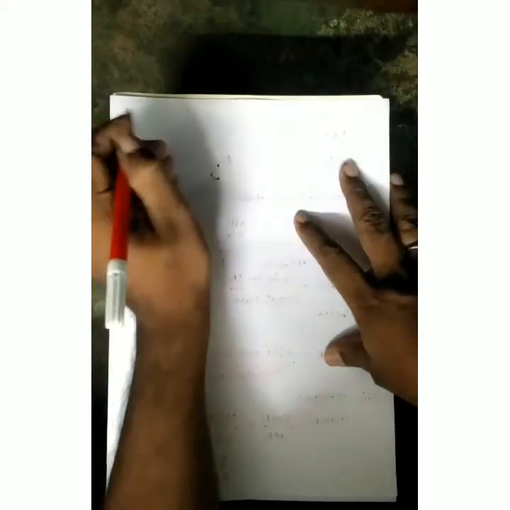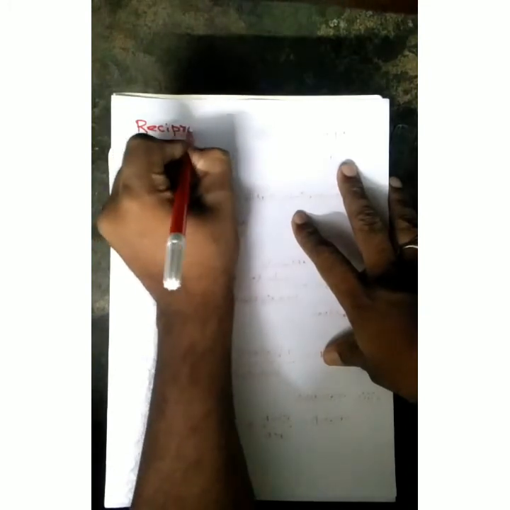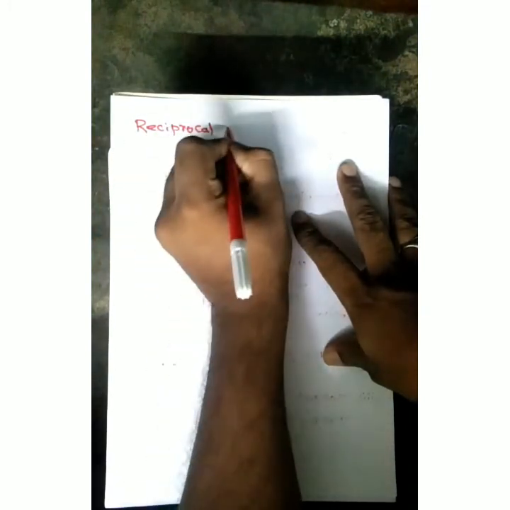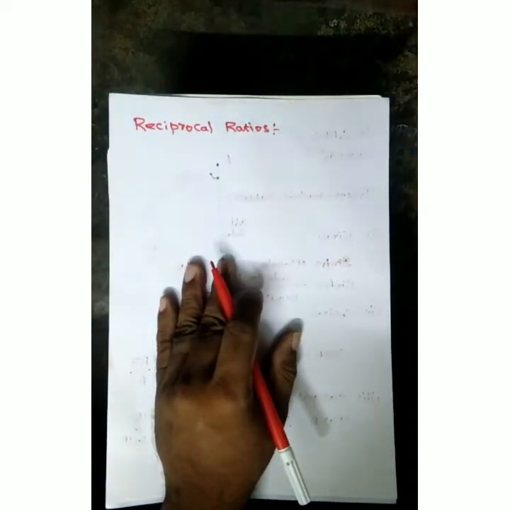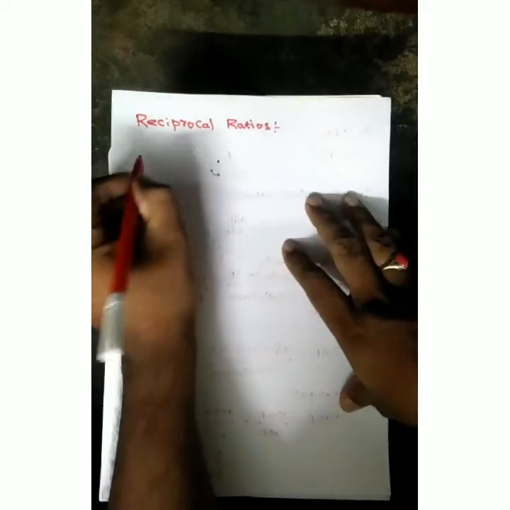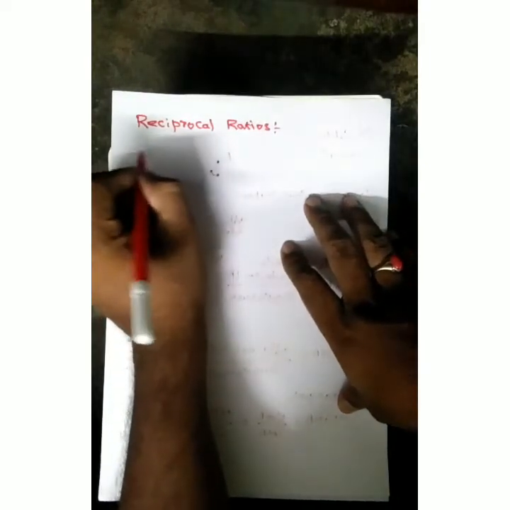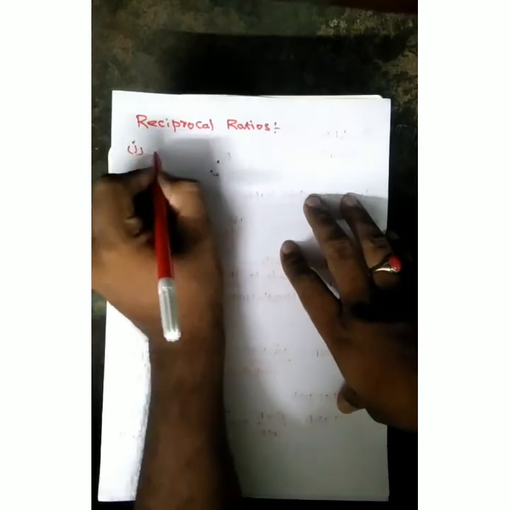Next, the reciprocal ratios. There are three basic ratios, so we will have three reciprocal ratios. The first one is cosecant.